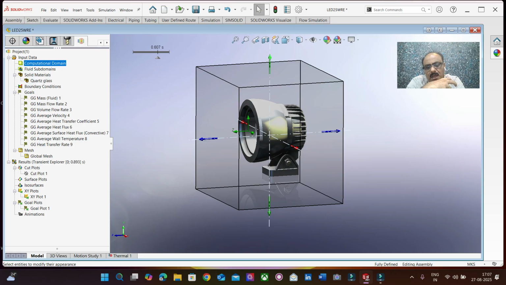We need to understand the flow dynamics across the structure, and we need to study how exactly the system is going to behave when there is an external influence.